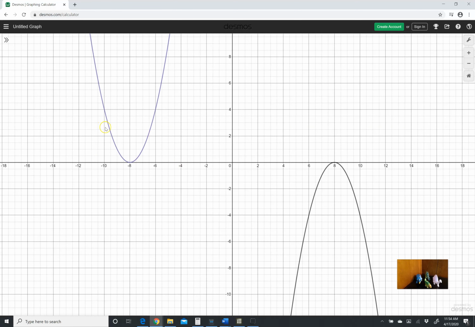And here's another reflection in the origin, okay? And if we reflected this in the x and then we reflected in the y, it would look just like this. So this is a reflection in the origin.